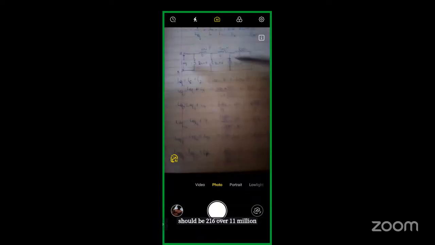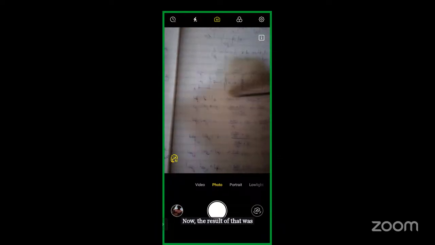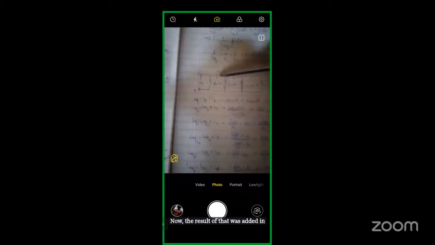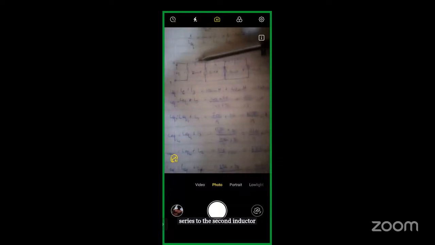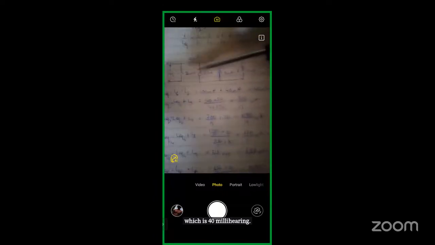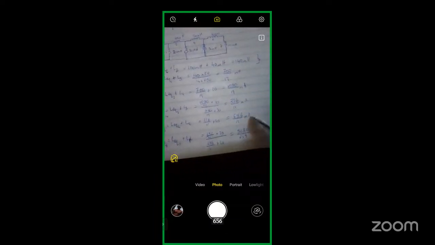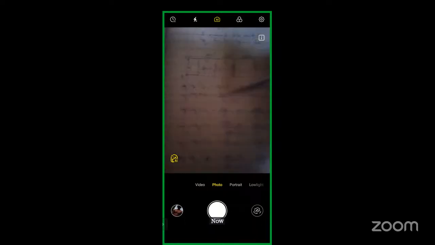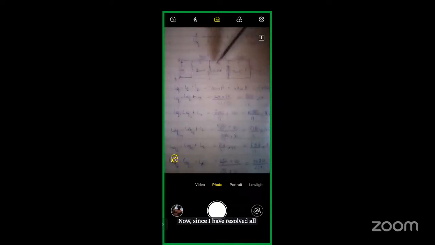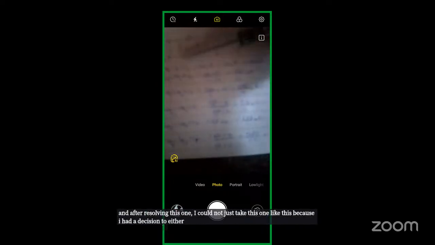Now the result of that was added in series to the second inductor, which is 40 millihenry, and that gave me 656 over 11 millihenry. Now, since I have resolved all my elements, I had just the 20 millihenry, and after resolving this one, I could not just take this one like this because I had a decision to either go through this part or to go through this part.